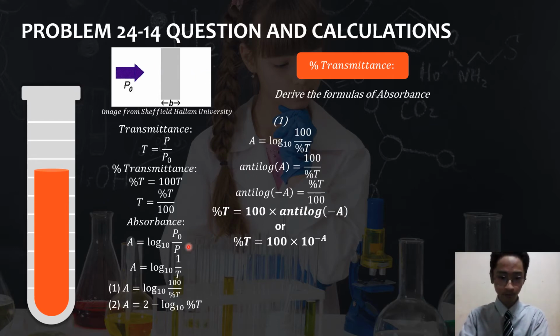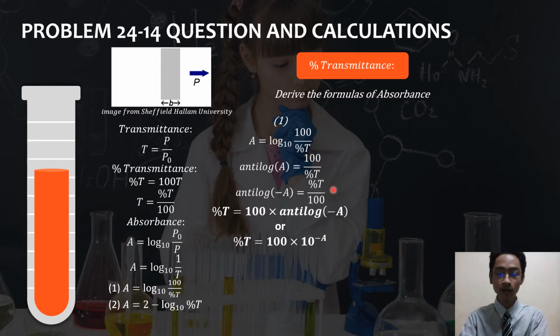For the first equation, A is equal to log of 100 over percent T. We get the anti-log of both sides. We get anti-log of A is equal to 100 over percent T. Now getting the reciprocal of both sides, since percent T is below, we get anti-log of negative A is equal to percent T over 100.